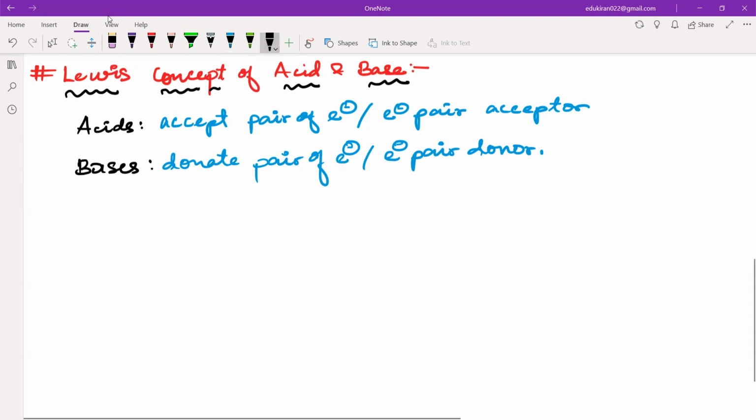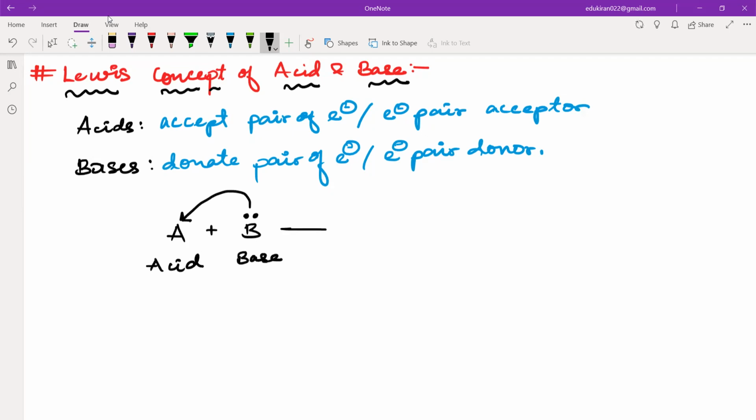So there will be an acid and there will be a base. This base should have an unshared pair of electrons, which is not shared. It has to give this pair of electrons to A. As soon as it gave, B became the base, and if A accepted, it became the acid. And they form a bond, that is the AB bond.